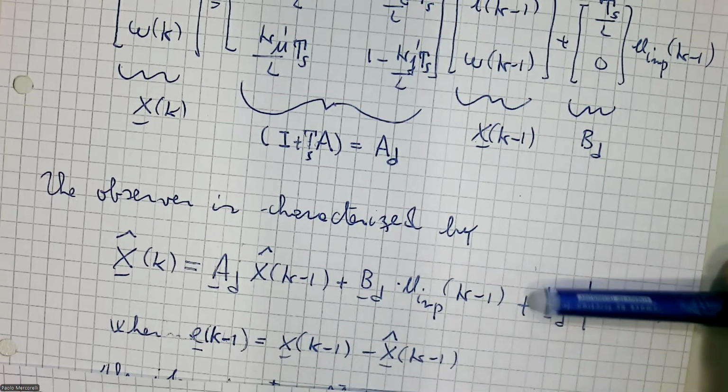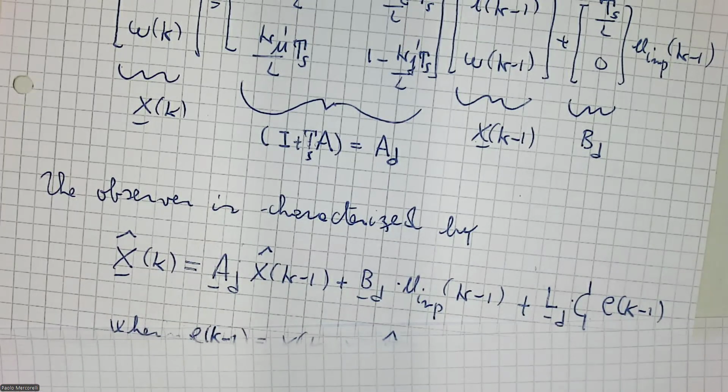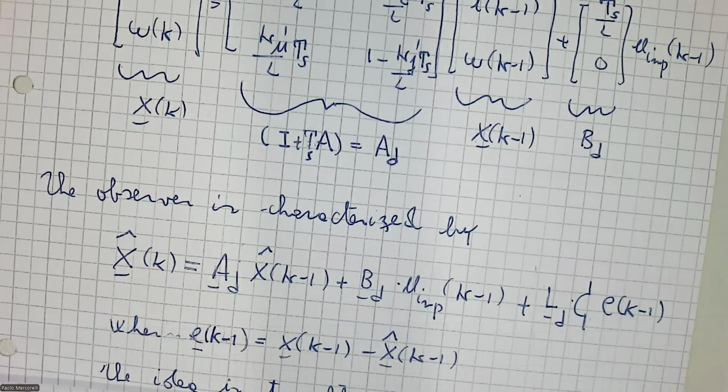Basically, the observer consists of the model plus something, in particular LD multiply C. C we know, C represents the map of the sensor. Please pay attention, the map of the sensor means, in our case, could be 1, 0 if I measure the current, could be 0, 1 if I measure omega.